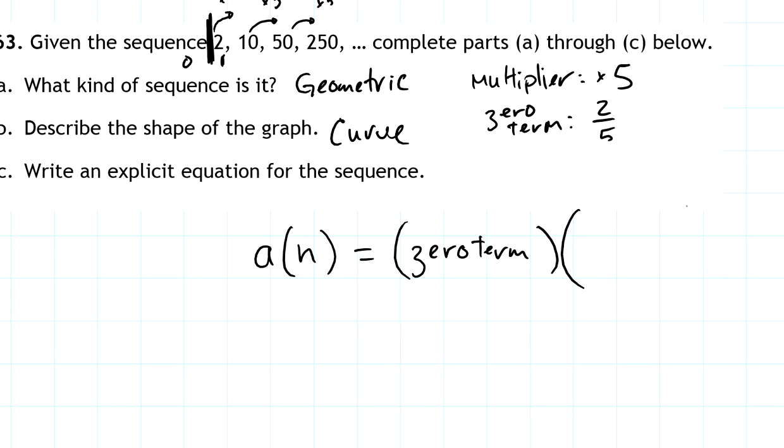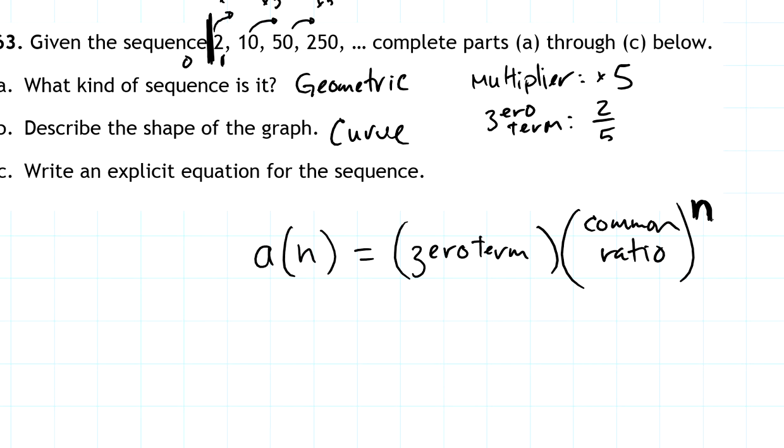That common ratio is also the multiplier. It could be a fraction, less than 1, but it's what we continue to multiply to move forward. And then we raise that common ratio to a power of our variable. Here our variable is n for this function, A of n, so it's to the nth power.